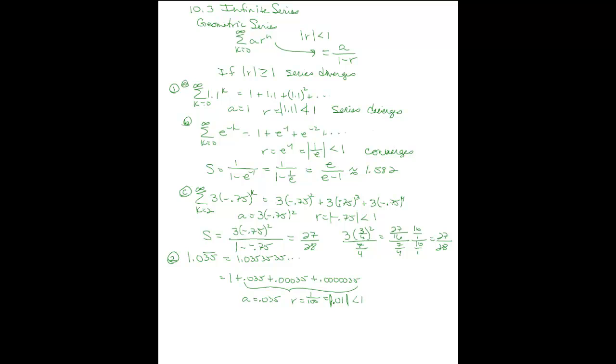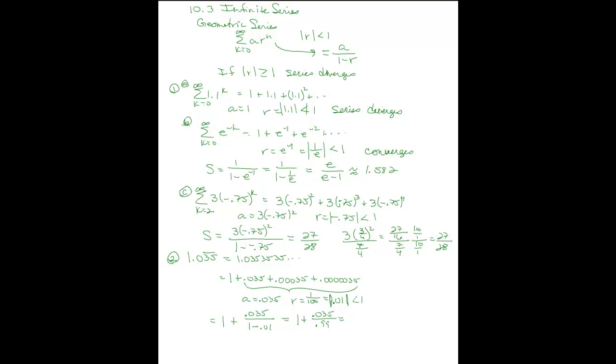So I'm going to bring my 1 down now. 1 plus the first term over 1 minus r, 0.01. Which then turns into 1 plus 0.035 over 0.99.